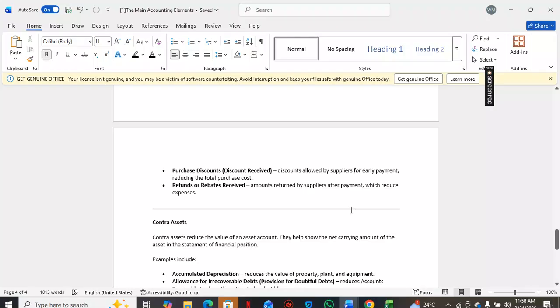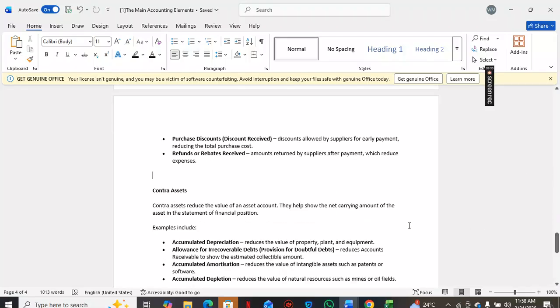Contra assets reduce the value of assets. Okay, so you've got accumulated depreciation. This reduces the value of non-current assets. When we reach the topic of depreciation, we'll see how that is done.